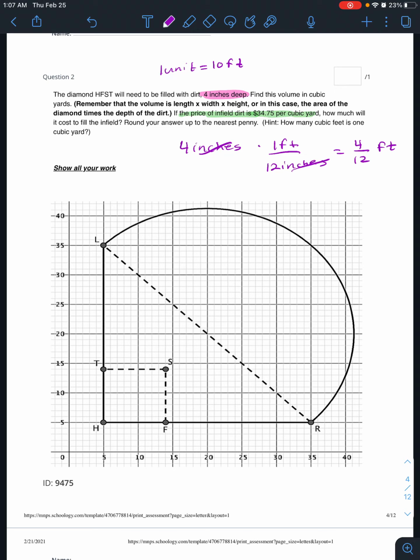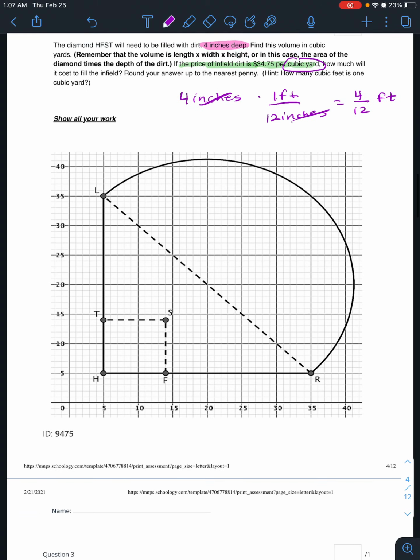So that's like dimensional analysis. If you ever did chemistry, you probably saw something like this in terms of the units. So 2 reminders for this problem: I want you to think about how it being cubic yards has an effect in comparison to being square yards. And second, do I understand how to convert 4 inches into feet? Even though I did that for you, just make sure that you understand that.